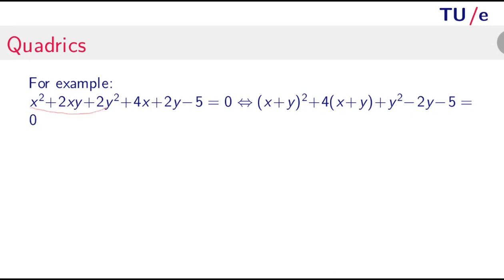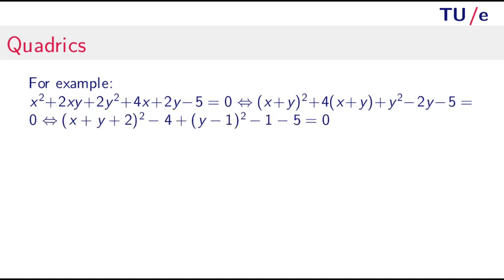Well, there is still 1 y squared left. Then we have x plus y also 4 times here. Up to this, minus 2y, and then we have this minus 5. So we can rewrite this to x plus y squared plus 4 times x plus y plus y squared minus 2y minus 5 is 0.